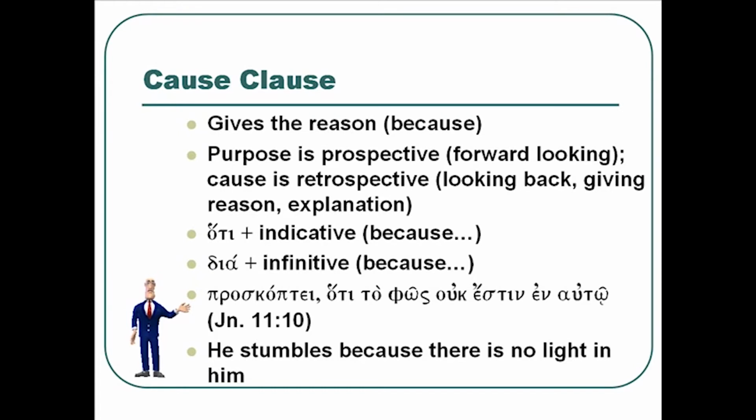So it gives an explanation, looking back to the action of the verb; it explains why something happened. Because there was no light in him. Hoti to phos ouk estin. This example is a good one because it was obviously not his purpose to stumble, his goal or intention to stumble, but that's what happened, and so it needs an explanation. So the difference between a purpose clause and a causal clause: this one is clearly a causal clause and definitely not a purpose, goal, or intention on his part.